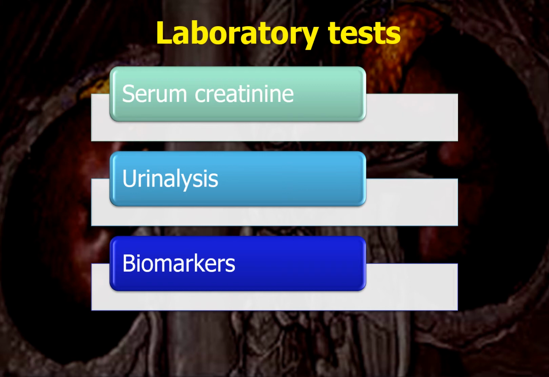Because serum creatinine is often a delayed and imprecise test for AKI, research has focused on identifying biomarkers that accurately predict acute kidney injury in early stages of injury.